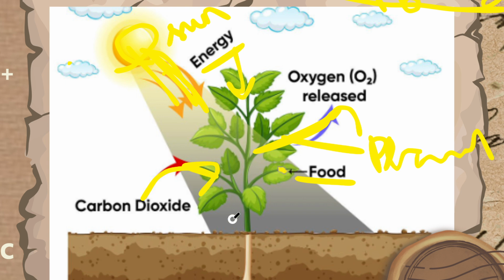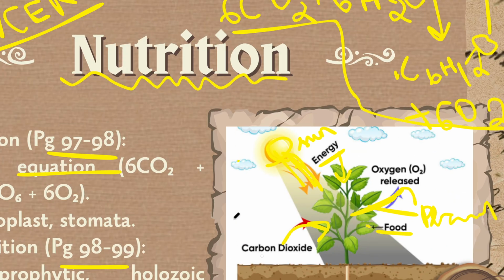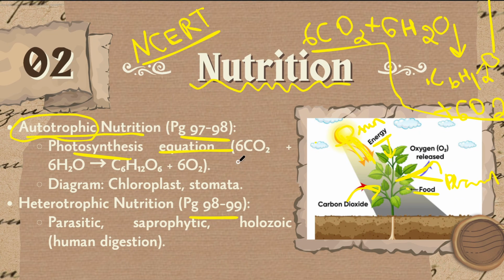So what did we see here? Carbon dioxide plus water gives rise to glucose plus oxygen. The oxygen which was formed is going to be released, and glucose is going to be the food, and CO2 is the carbon dioxide, and water is coming through the roots.